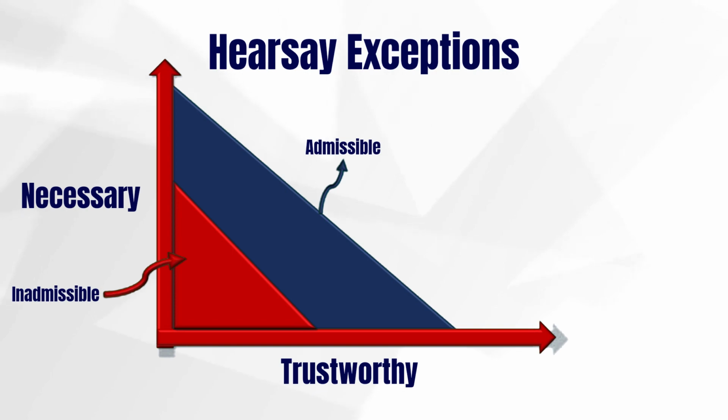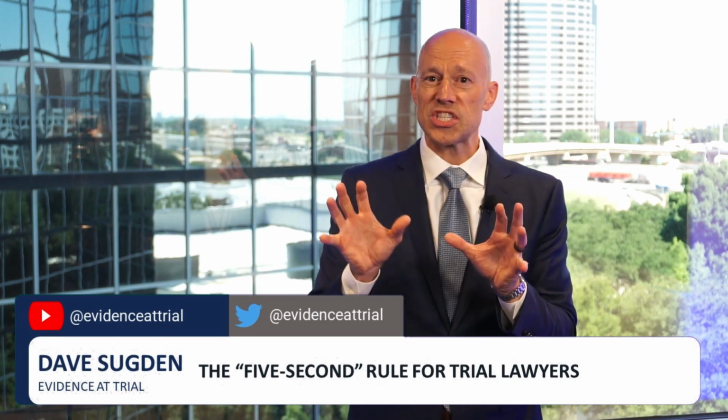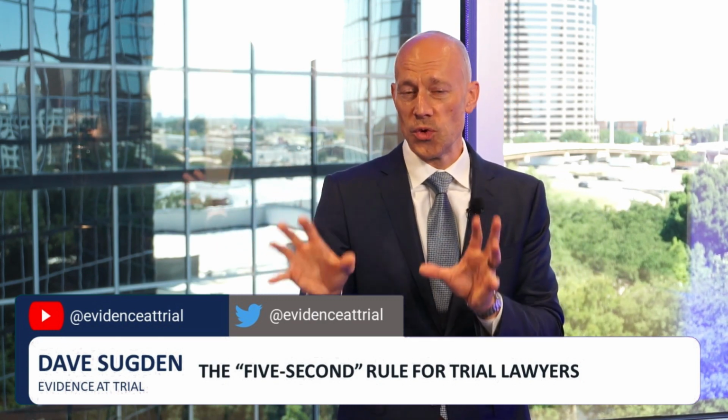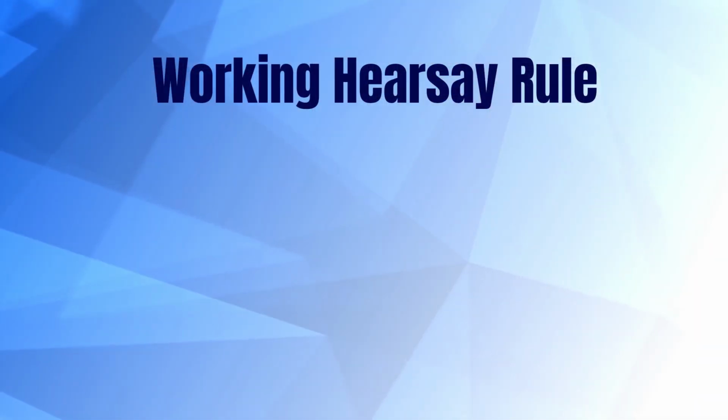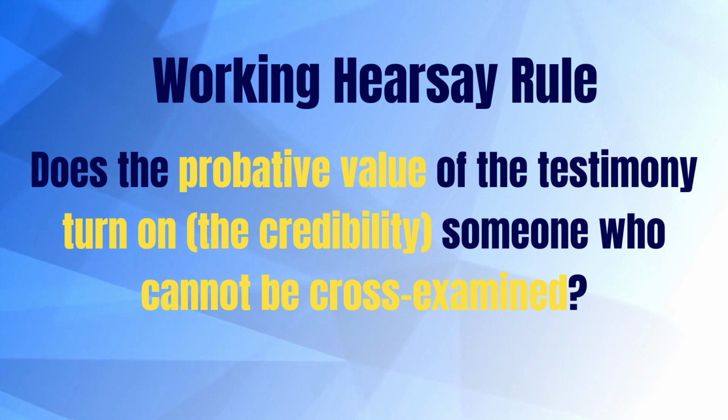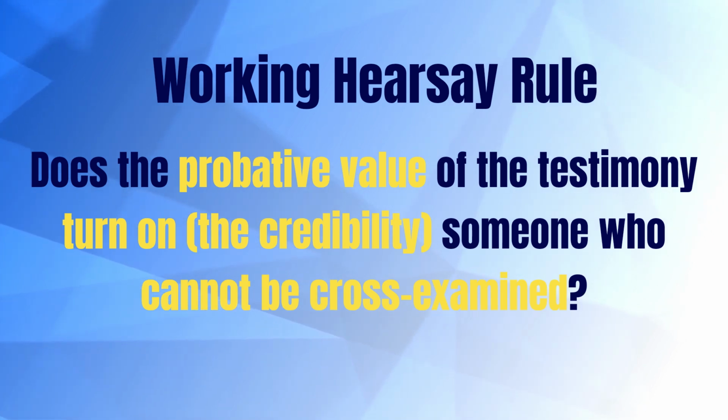Now, knowing that's the general rule for exceptions, how can we quickly spot objectionable hearsay? A working rule can be, when you hear that statement, you ask yourself, does the probative value of that testimony turn on someone who can't be cross-examined?